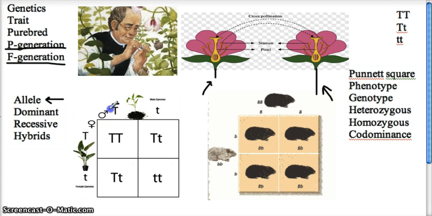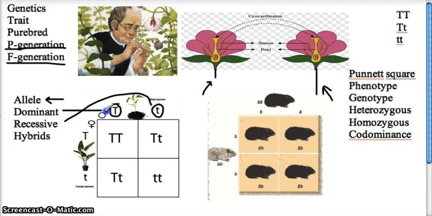Tall would be represented by a capital T, and short would be represented by a small t. Capital letters are the dominant alleles, and the smaller lowercase letters are the recessive.